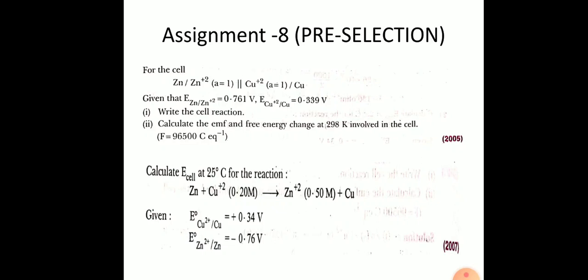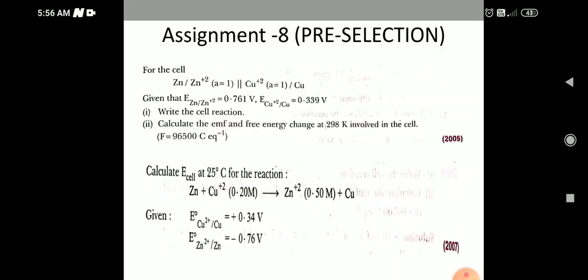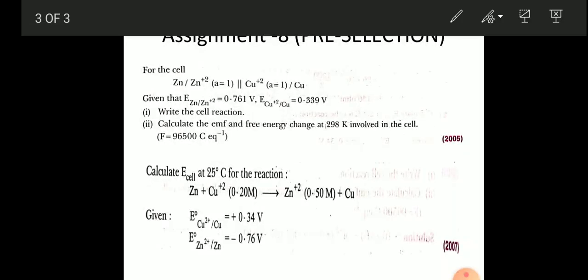The question asks you to write the cell reaction, and number 2 is to calculate the EMF and the free energy change at 298 Kelvin involved in the cell. The F value is given, that is the Faraday constant. For EMF we know the formula, and the cell reaction you also know. Free energy is given by this formula: del G equals minus nFE.